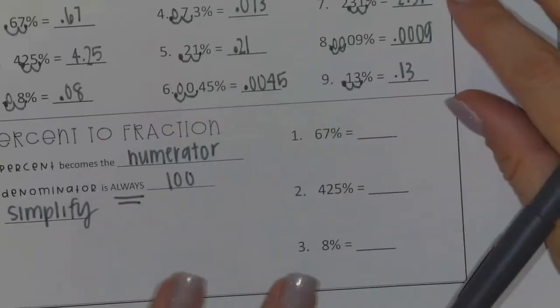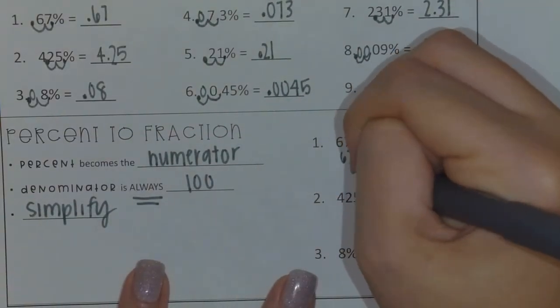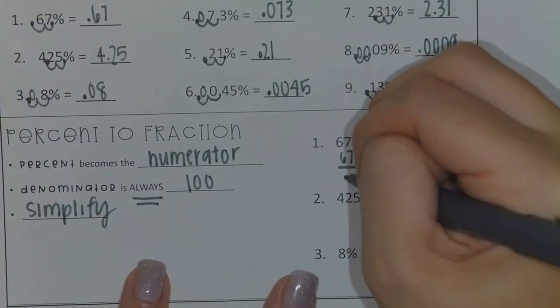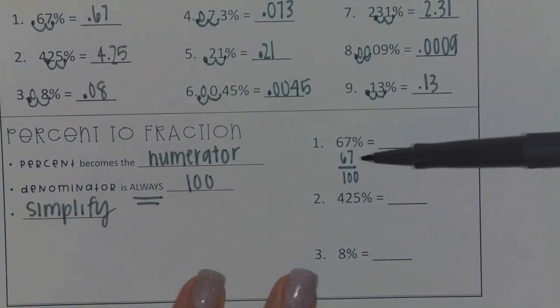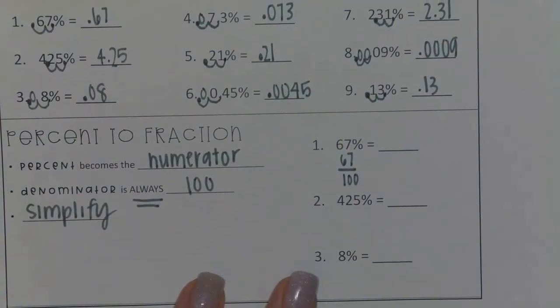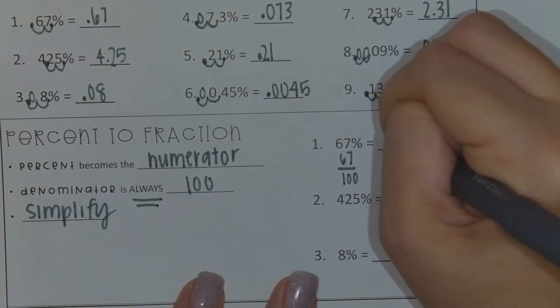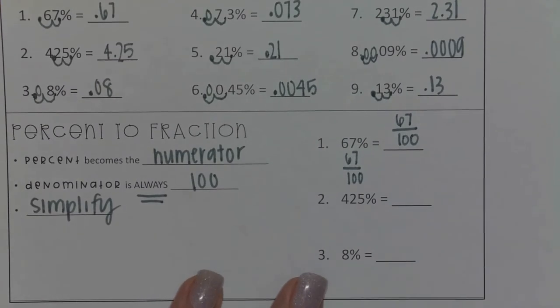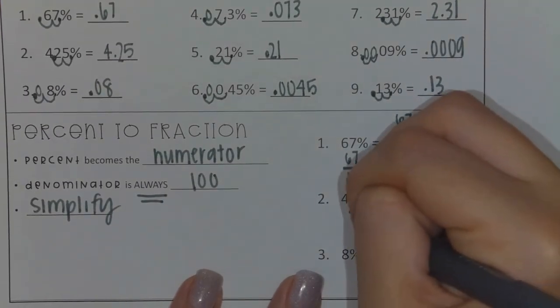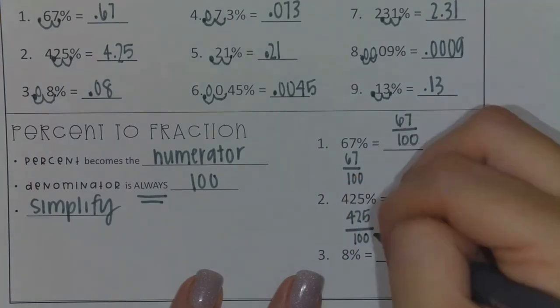So if I have 67%, again, the percent is going to become my numerator. The denominator is always 100. And then I just need to see if I can simplify. 67 is a prime number, so I can't simplify anything there. So 67% is just 67/100ths. 425%, so let's put 425 as our numerator, 100 as the denominator.